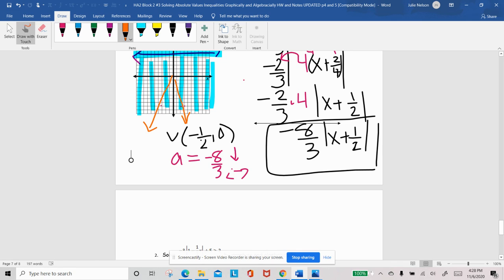So what do you notice about this? Do you notice that everything in the absolute value function is shaded? So again, everything is shaded, right?